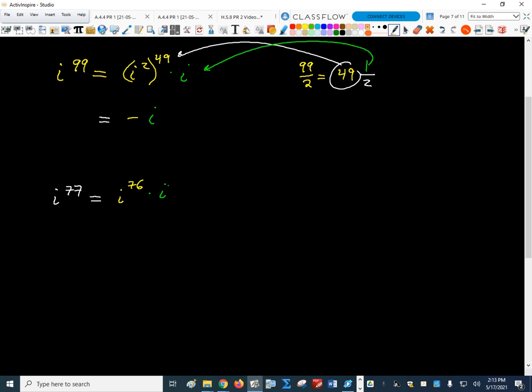Okay. So what's that going to be? -1 to an even power. So I'm just getting out of this just i, aren't I? Yeah. Okay. So this is equal to i squared to the 38 times i, which is equal to positive i, isn't it? Okay. I think you guys are pretty good on that. That was quick.